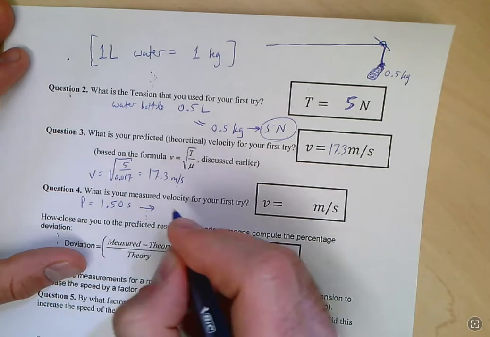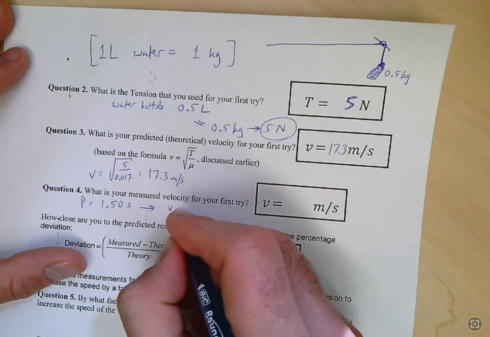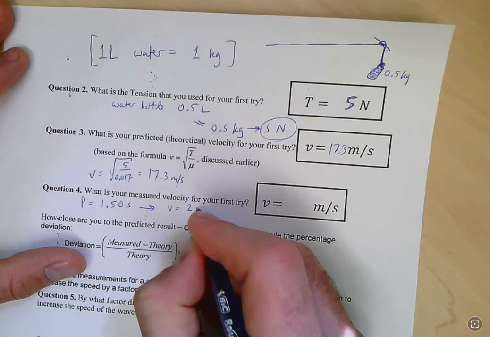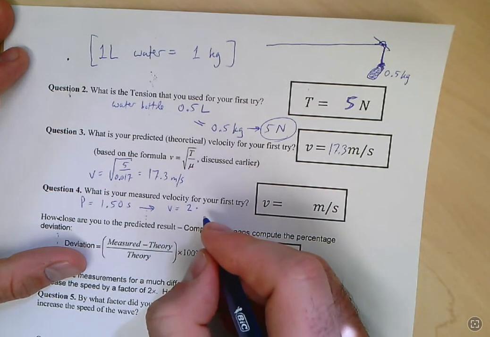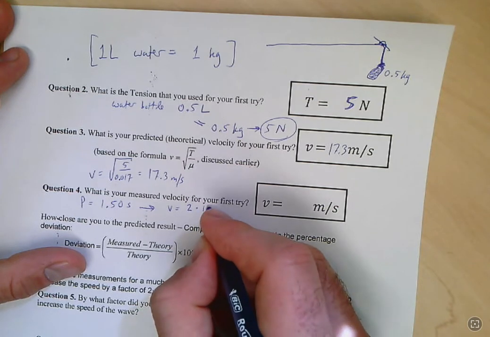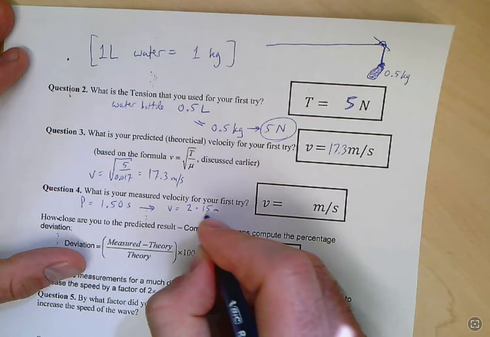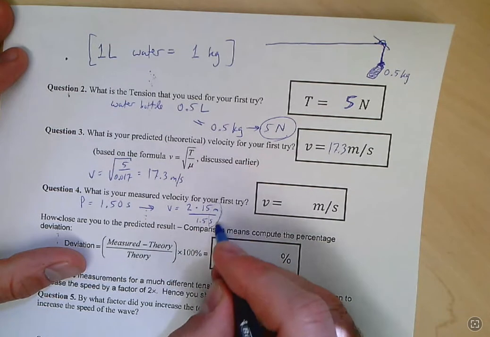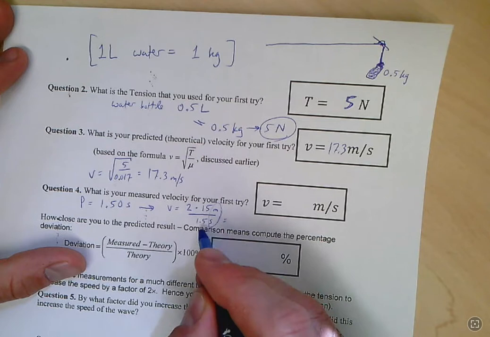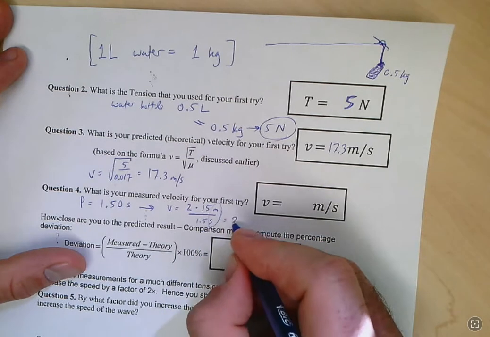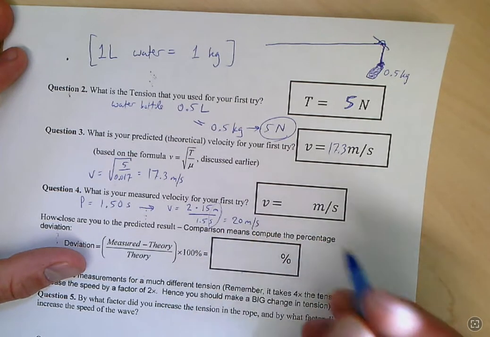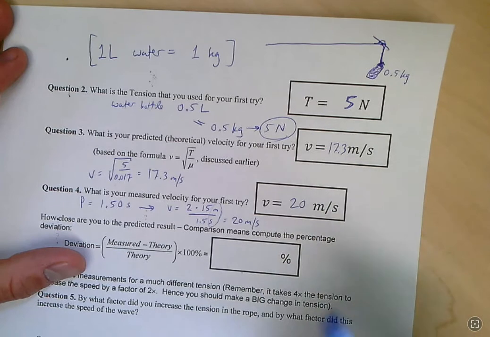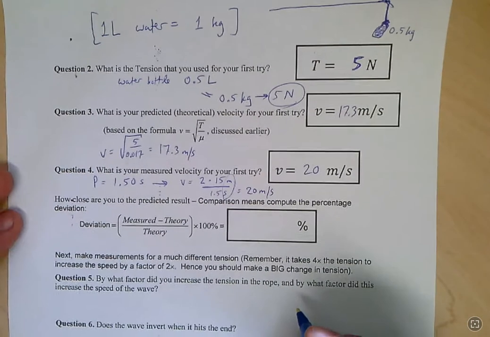So if that's true, then the speed is going to be twice the distance traveled, and that distance, they had 50 feet, or in other words 15 meters of rope, divided by 1.5 seconds. So you notice we have a meters per second now, and so that's 30 divided by 1.5, or in other words 20 meters per second. So they got 20 meters per second. You can say 20 or 20.0, depending on how well you think that you actually measured it.